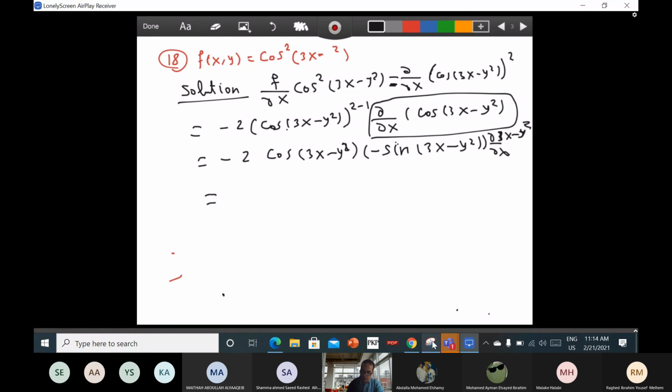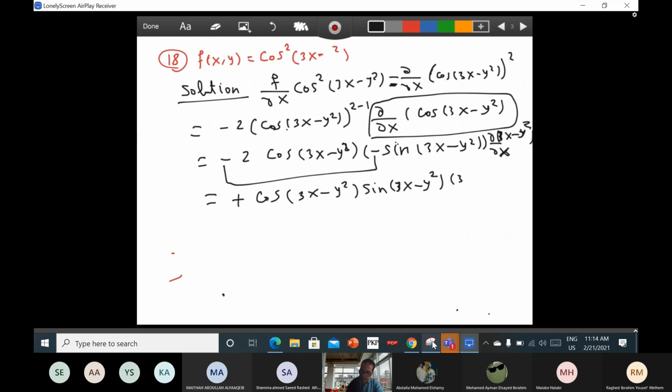Now I have minus minus, which will be what? Plus cosine (3x minus y square) sine (3x minus y square) times the derivative of 3x minus y square with respect to x. Y is constant, so I'm just differentiating the 3x. What is the derivative of 3x with respect to x?